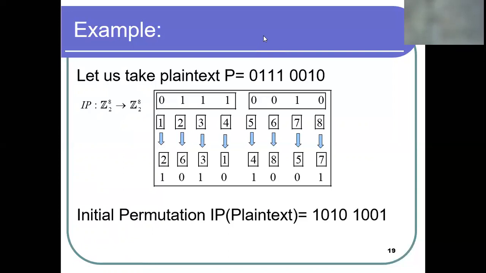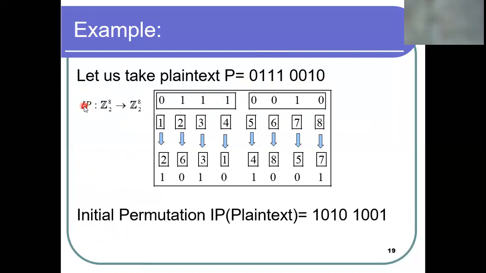I will just go through the encryption. The decryption will be left as an exercise. But let us take one plain text of 8 bits, that is 0 1 1 1 1 0 0 1 0.